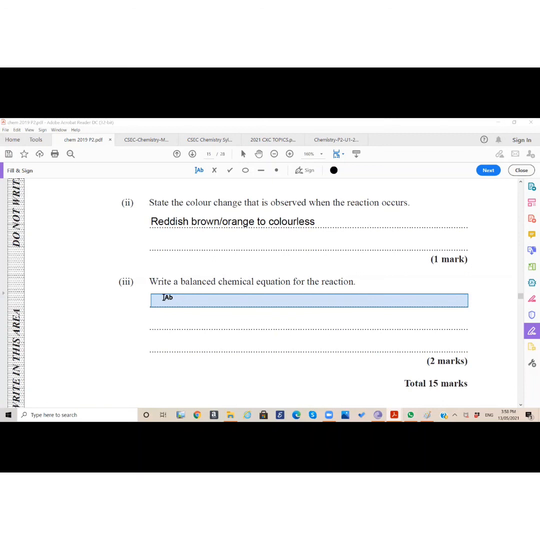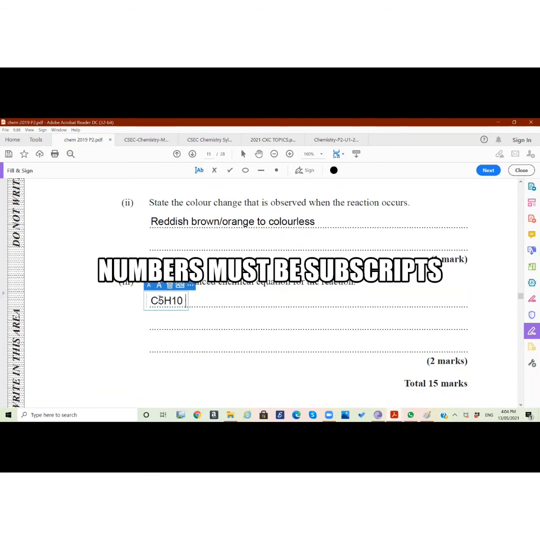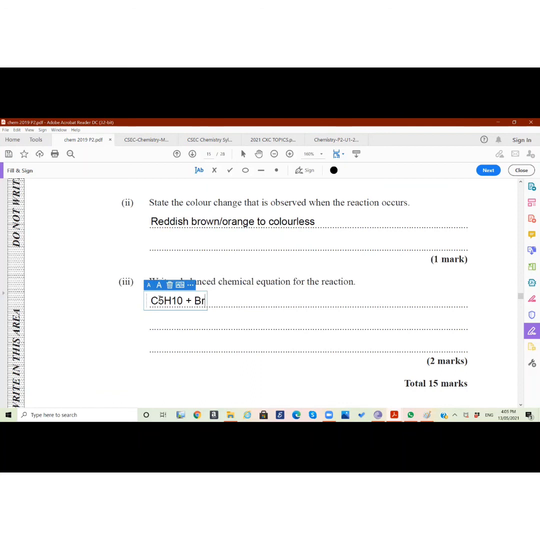Write a balanced chemical equation for this reaction. C5H10 plus Br2 gives you C5H10Br2. Remember it's an alkene. Because it's an alkene, that double bond is being broken. It's an unsaturated bond.